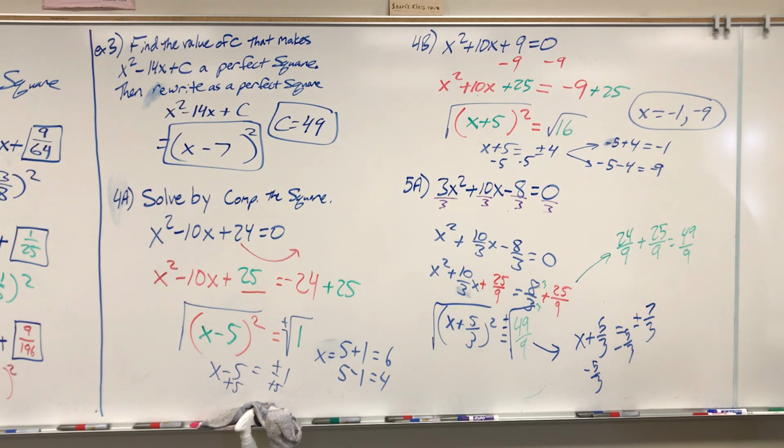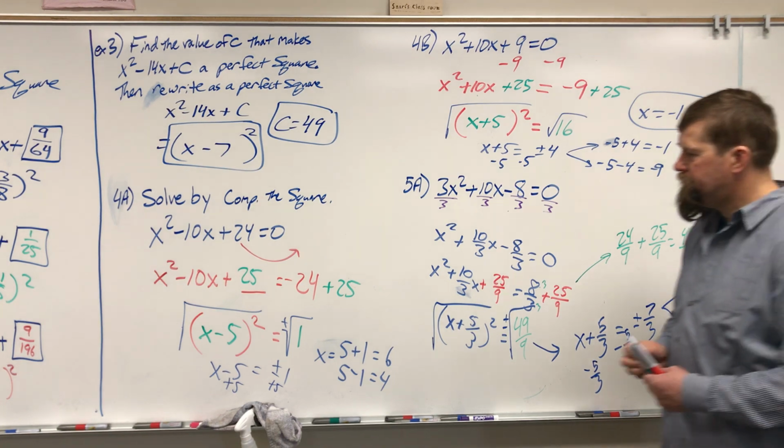Always subtract or add to the front of the plus and minus because there's two answers. There's a negative 5/3 plus 7/3, and there's a negative 5/3 minus 7/3. So there's 2/3 and negative 12/3, which is negative 4. There's my two answers.